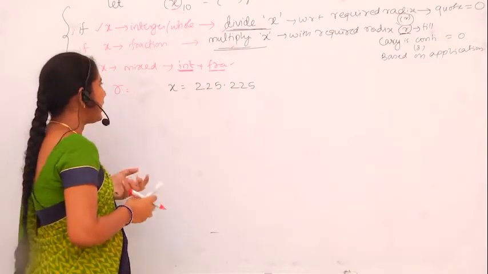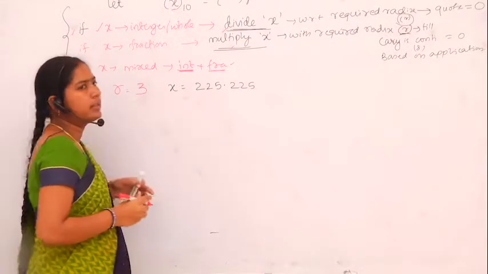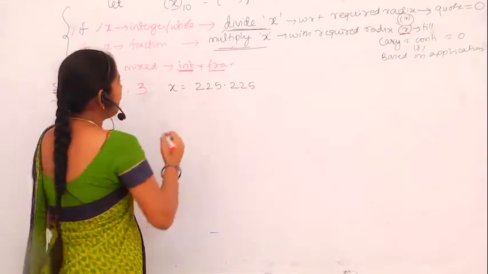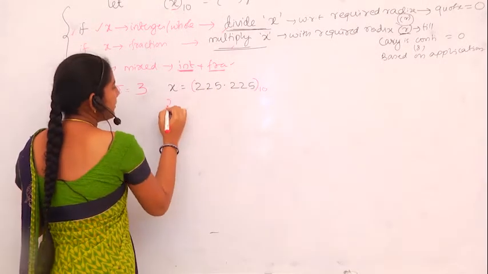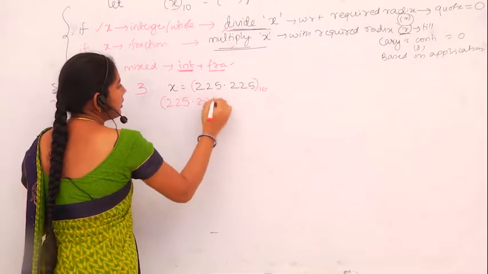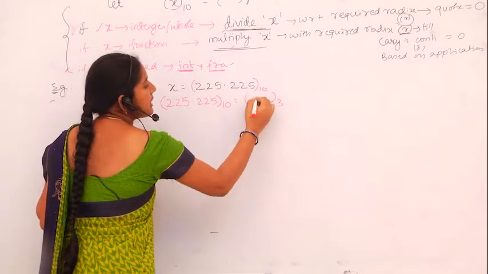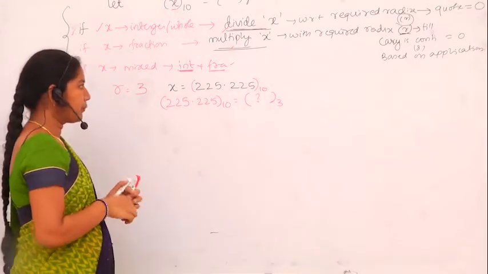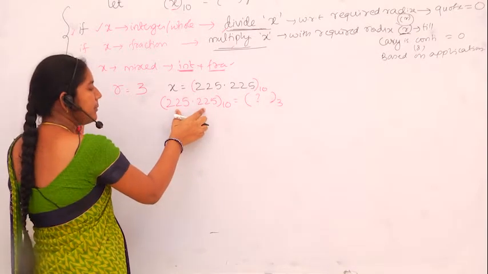Now I am changing the radix value from 16 to 3. Now we need to convert this decimal number to a system which has a radix of 3. For that, just see, this is again a mixed number.